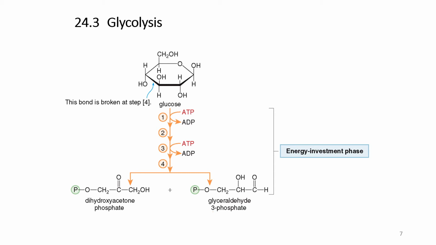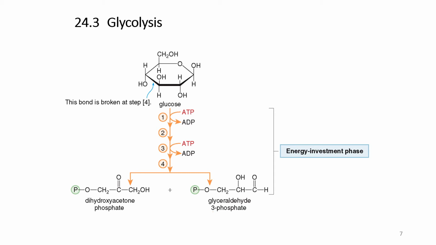So this is kind of an overview of glycolysis, the first phase, or the energy investment phase, showing where we are hydrolyzing our ATP to phosphorylate an intermediate in that glycolytic pathway.